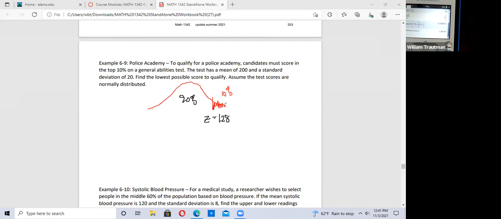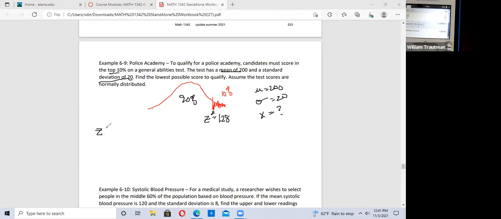So we're not done, because that's the Z value. We want to know what score to be in the top 10%. So the mean is 200. Standard deviation was 20. And we want to know what X equals to get a Z score of 1.28.